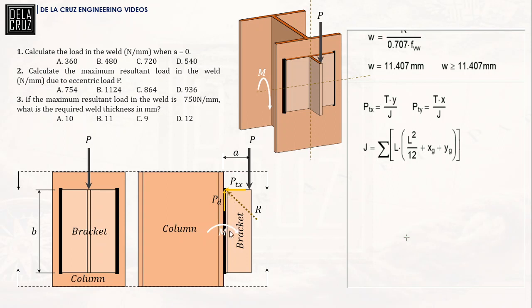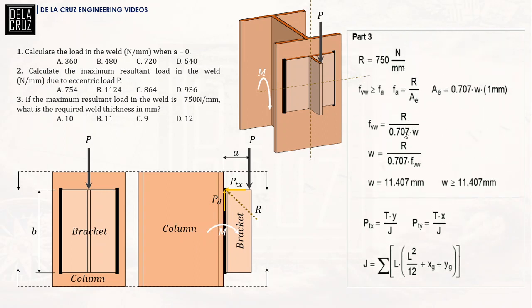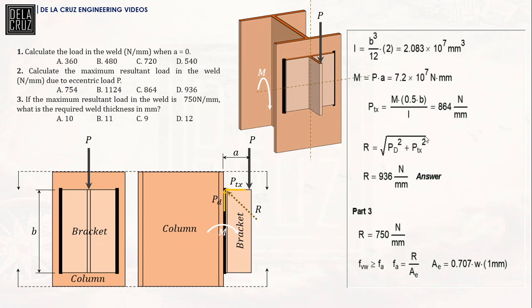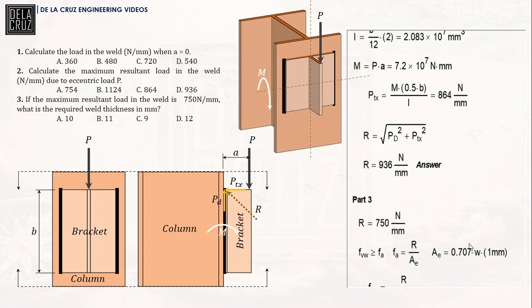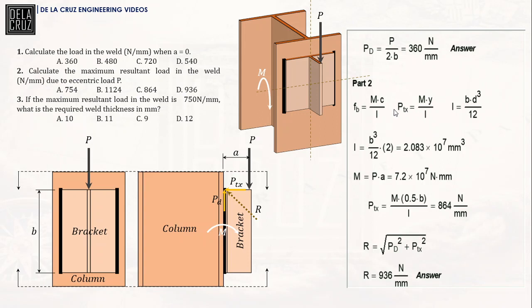Ito, centroid siya automatic. Now, if tingnan nyo yung formula na to, TY over J, that is still the same as MY over I. Ang ginamit natin, ito, MY over I. Ano yun? Ito, MC over I or MY over I. The same lang yan, no?